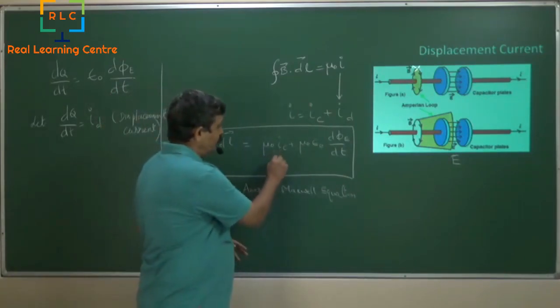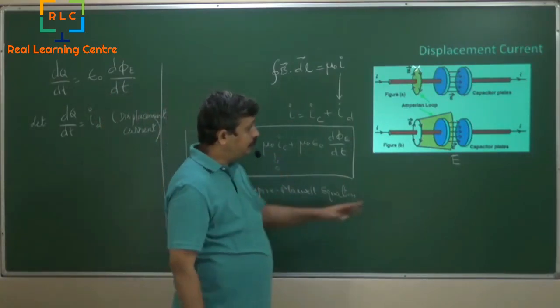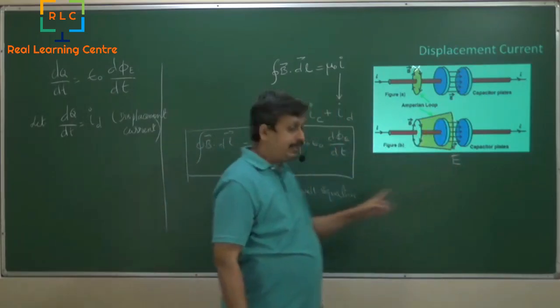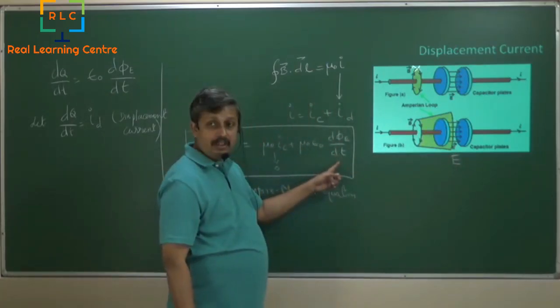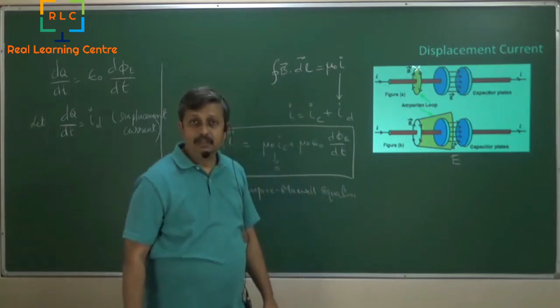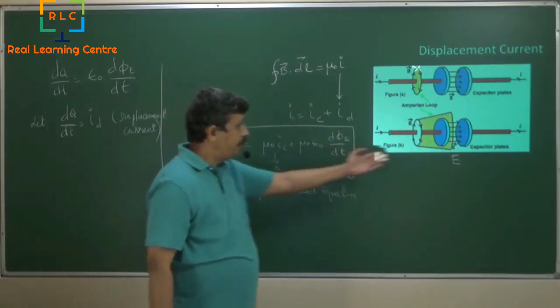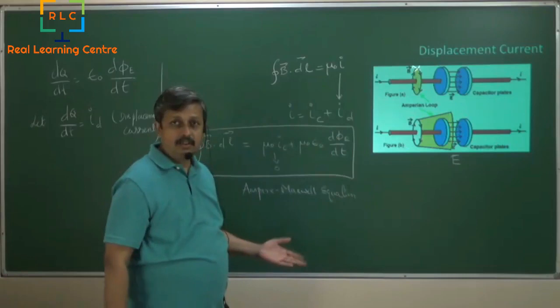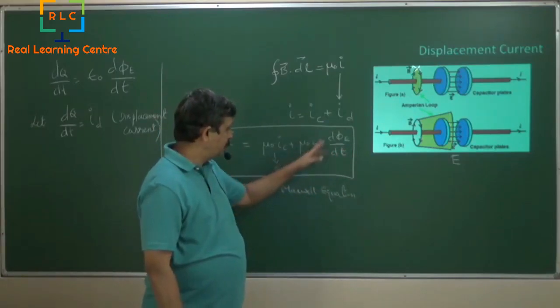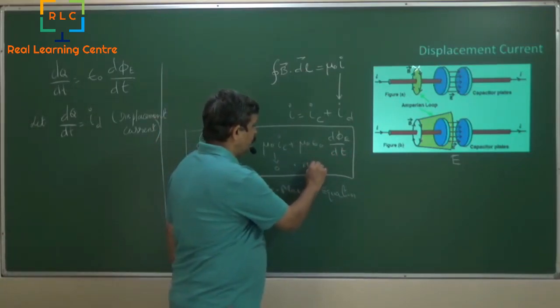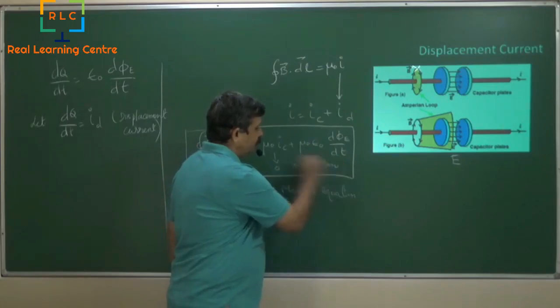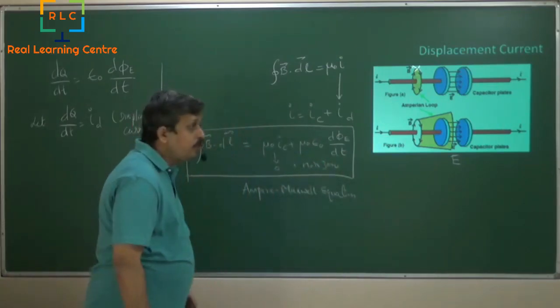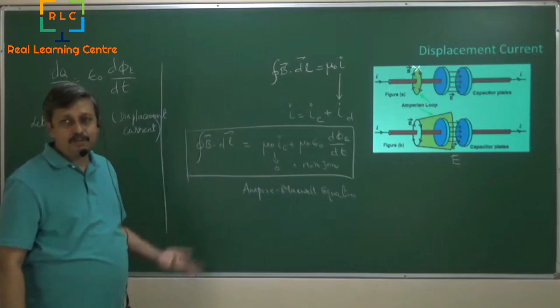So this part is 0 for that. Whereas the d phi by dt part is not 0. There is a certain value you can compute, so the second part is non-zero. So you get a certain value of B, and it happens to be the same.